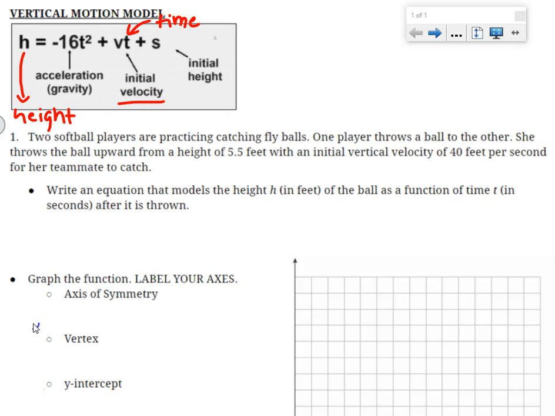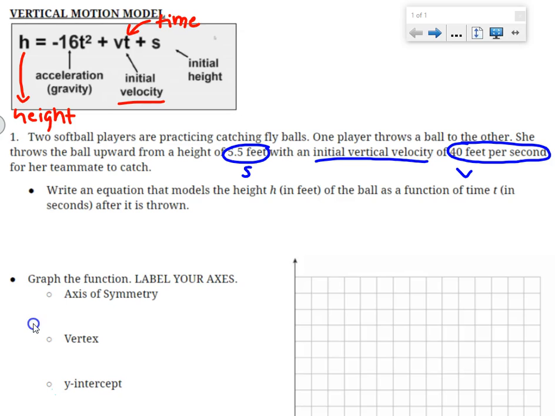Two softball players are practicing catching fly balls. One player throws a ball to the other. She throws the ball upward from a height of 5.5 feet, so that's our initial height, that's going to be s, with an initial vertical velocity of 40 feet per second, so that is going to be our v, for her teammate to catch.